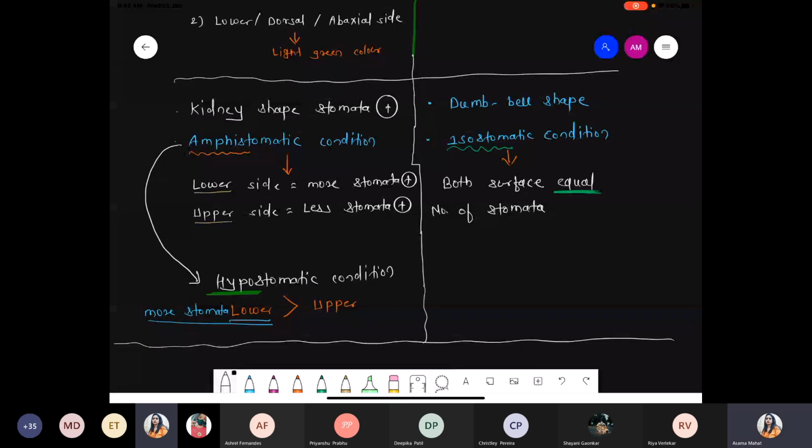Any doubt? Okay, Suhas. Pratyusha. Pooja. Manpreet. Okay.